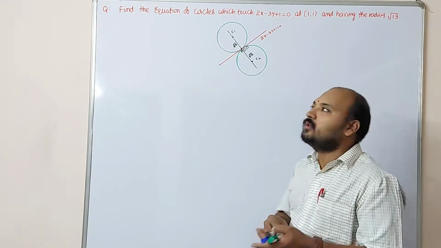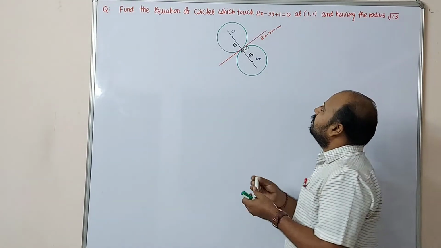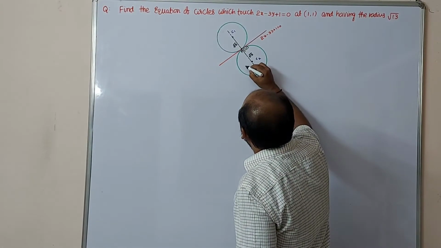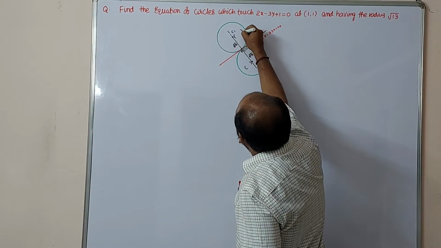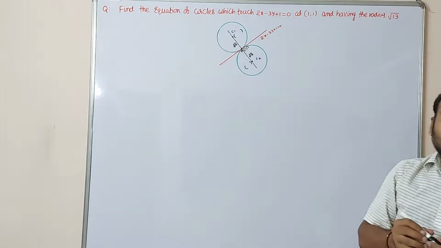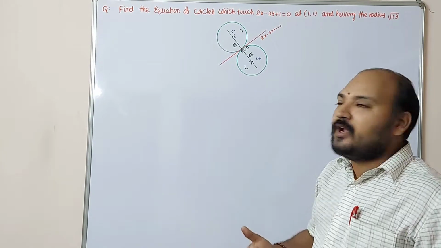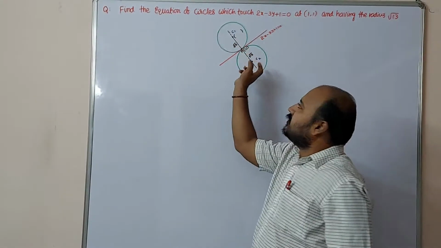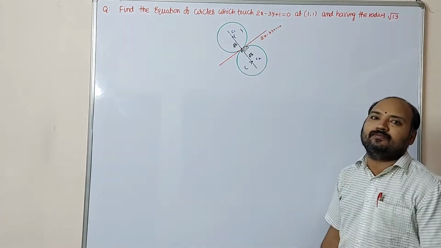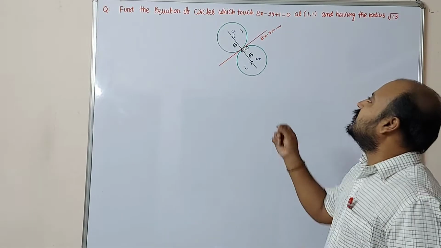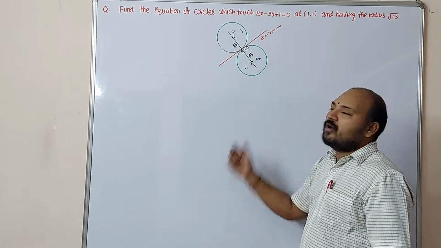We don't know the centers of the required circles. This is one circle center, this is another circle center. The requirement is to calculate the centers of those circles. We are assuming the centers are (h, k), either this one or this one.